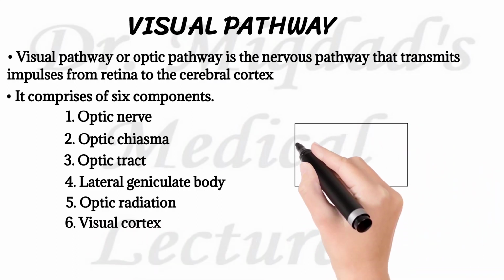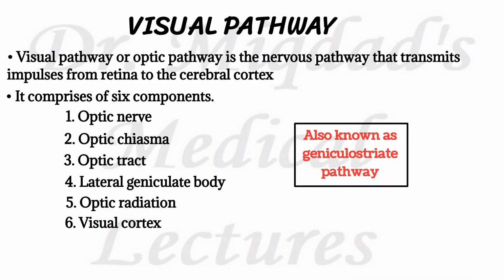The primary visual pathway is also known as the geniculo-striate pathway because it passes through the lateral geniculate nucleus on its way to the primary visual cortex, which is also known as the striate cortex because of myelin-rich stripes that run through its middle layers.